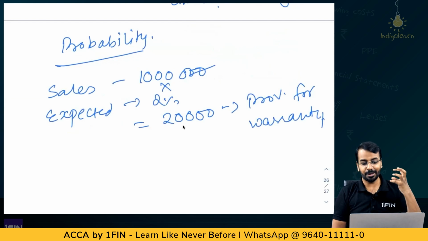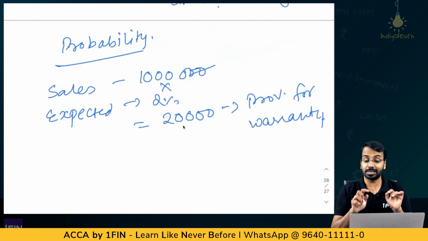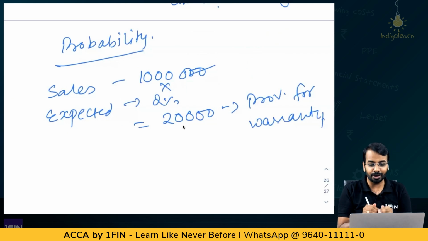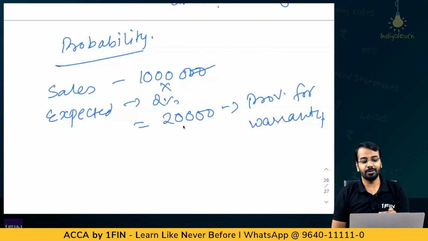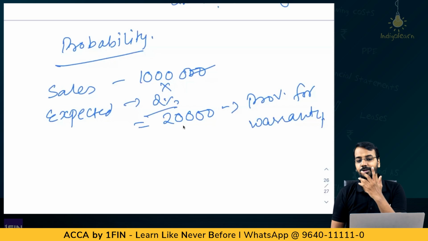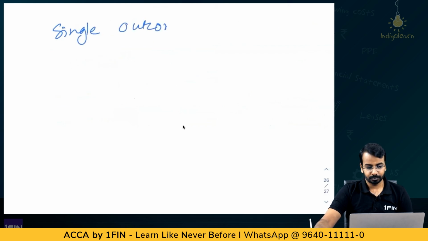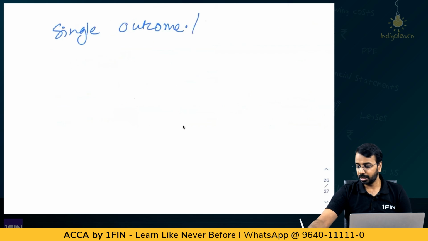So when we say provision, it is a liability where either the amount is uncertain or the timing is uncertain. But yes, there is some obligation, we know we have to pay, but we will consider probability and then we will calculate what is the provision to be made. Sometimes what happens is there is a single outcome or single obligation.